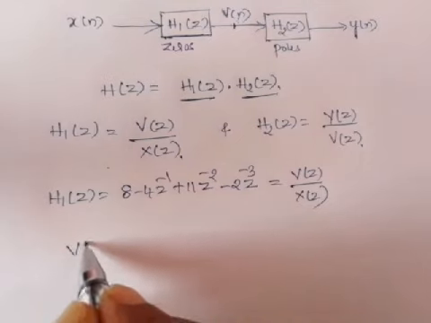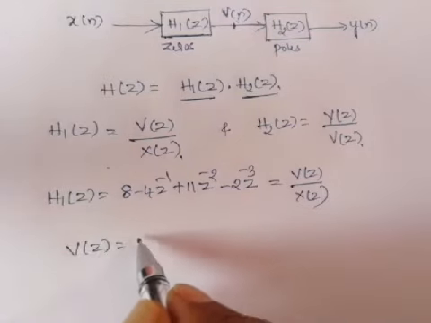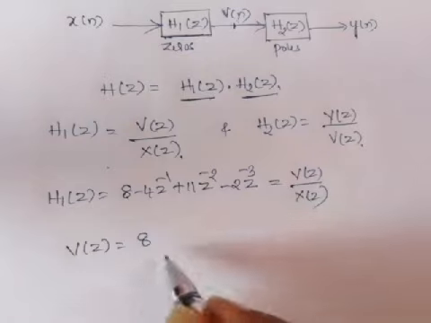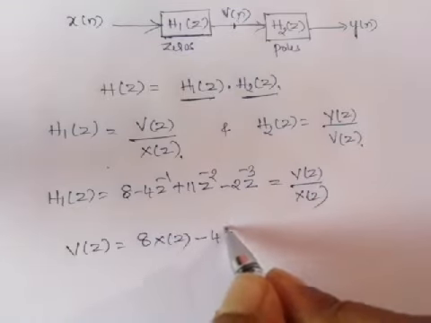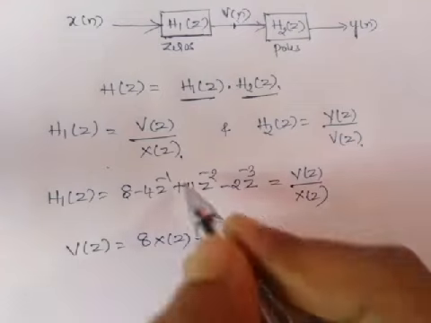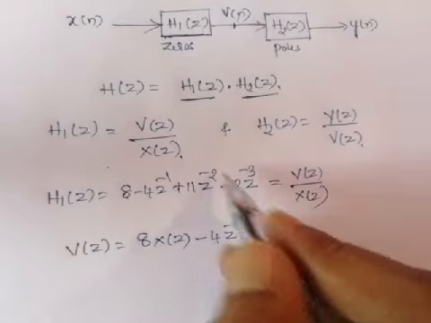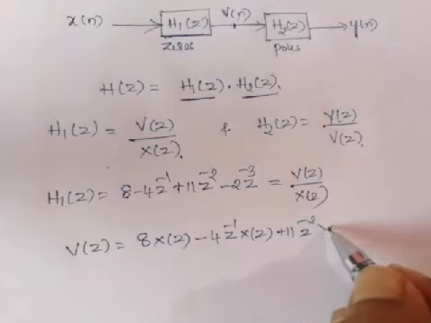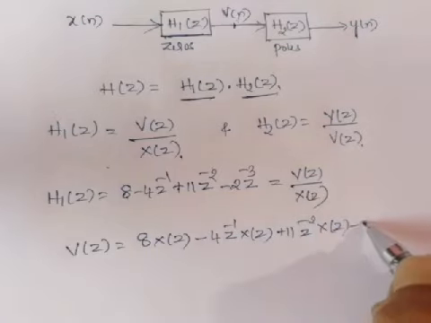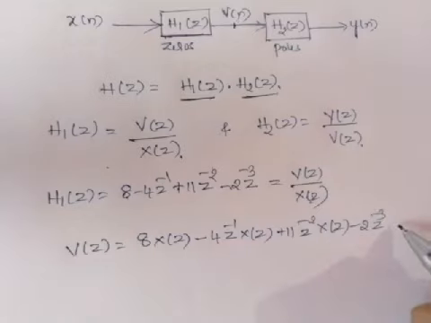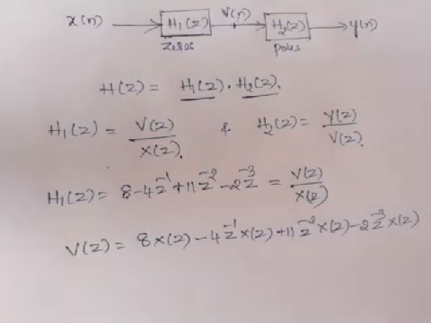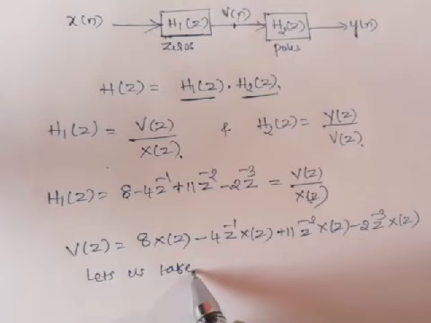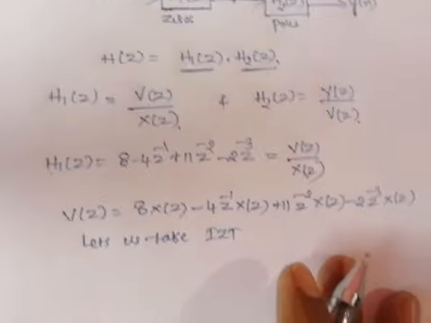V of z is equal to 8 into X of z minus 4 z to the power minus 1 X of z plus 11 z to the power minus 2 into X of z minus 2 z to the power minus 3 into X of z. So what I did, I have taken this X of z towards this side. Let us take the inverse z transform.